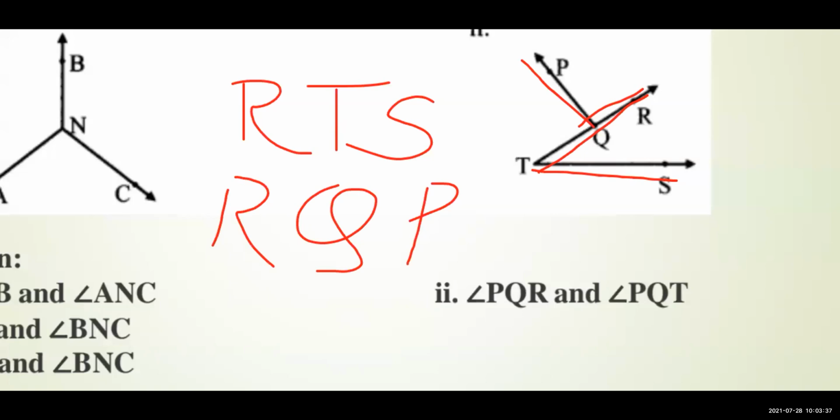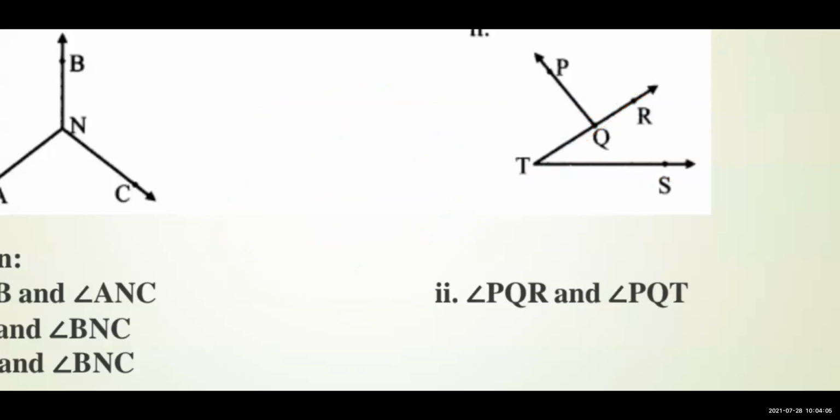No. Is any common vertex there? Common vertex? No. That means this is not a pair of adjacent angles. In the definition of adjacent angles I told you, having a common vertex, common arm and a separate interior. So that is our adjacent angle. So in this way you are going to find out the pairs of adjacent angles. I hope I have cleared your doubt.